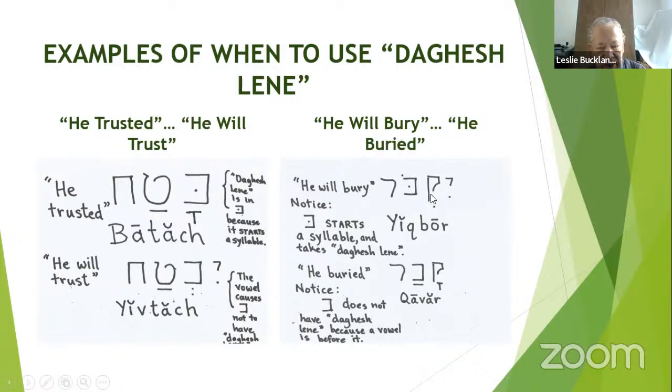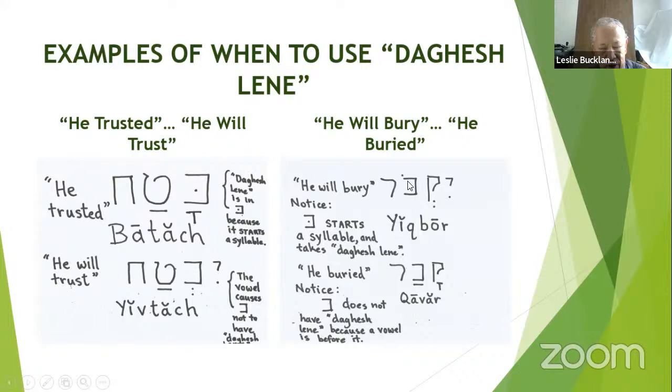We will look at yikbor. Now notice that in yikbor, meaning he will bury, there is a dagesh lene in this consonant. And it is so because Baith is the beginning of this syllable.